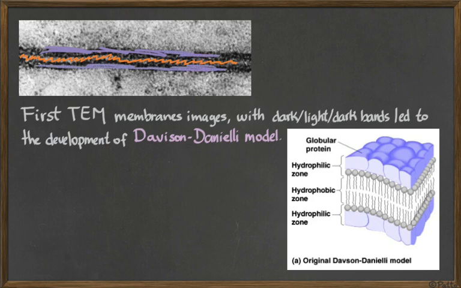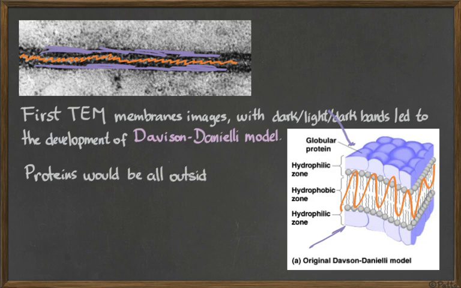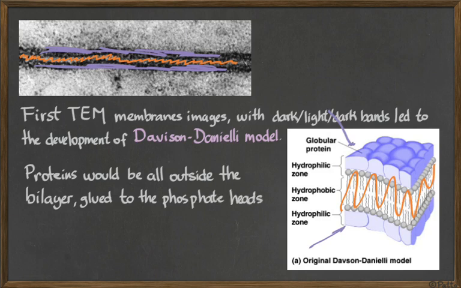So basically, he thought that the proteins are on the outside and inside, making a layer of proteins with the phospholipid bilayer in the middle. This is the Davson-Danielli model: proteins outside the bilayer, glued to the phosphate heads. This is how scientists thought the membranes were organized and how they dealt with the proteins.